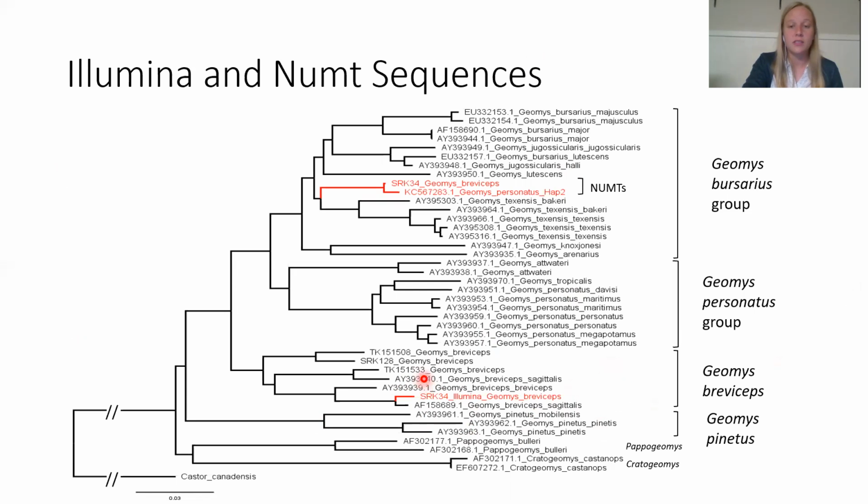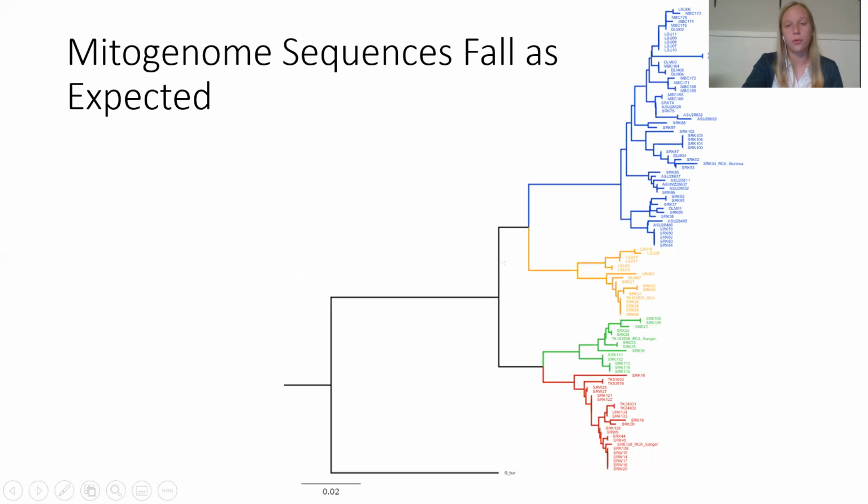And this sequence down here from the methods that we used did not group with the Pneumite sequences. And so that tells us that this sequence is of mitochondrial origin and is not from the nucleus. So then we could continue on with sequencing all 4 lineages.